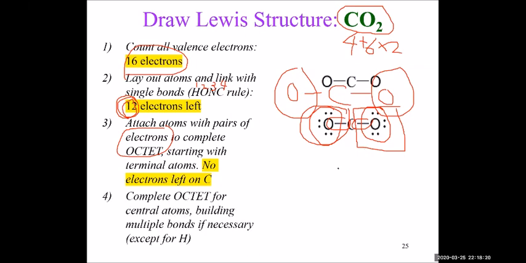You can see the carbon is not octet. How do we make the carbon octet? This time we share those lone pairs instead of keeping them with oxygen only. Let's share this pair between the carbon and oxygen. It becomes this. This pair was basically here, and is now shared with carbon.